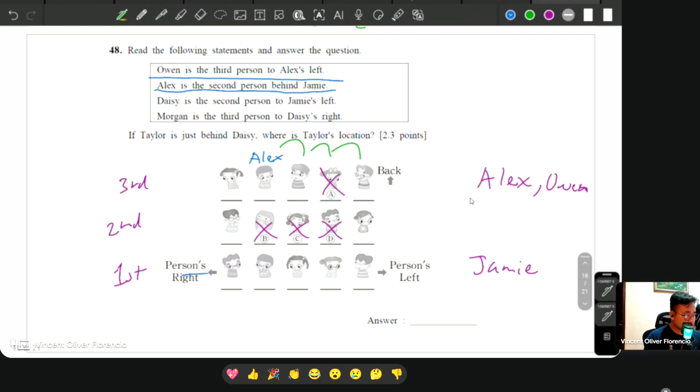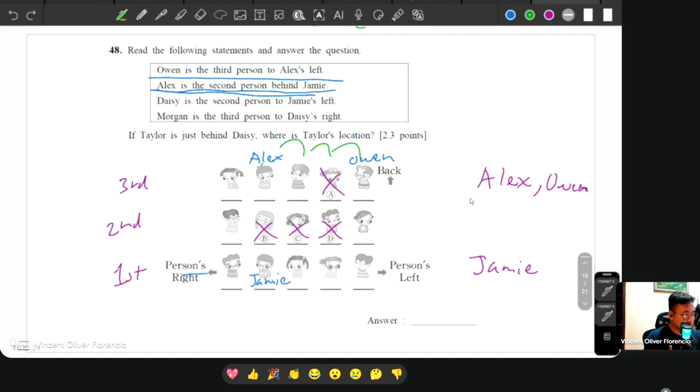So that is Alex, and this is Owen. That means this is Jamie, because the second statement says Alex is the second person behind Jamie. This is Jamie. Alex is behind. 1, 2. Second person behind Jamie is Alex.